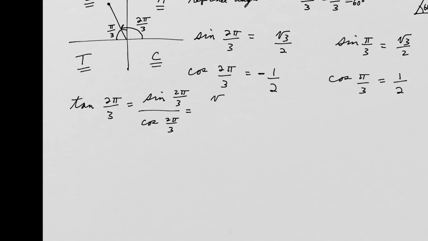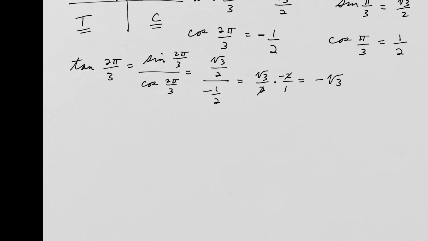So it would be radical 3 over 2 divided by minus 1/2. If I want to divide fractions, the first fraction stays the same, and I'll multiply by the reciprocal of the second. Notice how the 2's cancel, and I'm going to get negative radical 3. So it looks like tangent of 2 pi over 3 is negative radical 3.